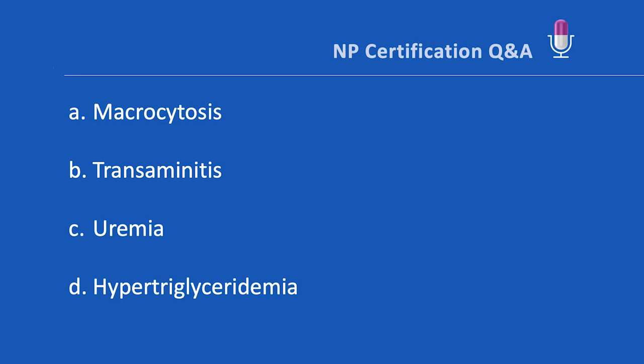Transaminitis, choice B. Transaminitis speaks to elevated liver function enzymes, specifically the ALT and the AST. And the ALT and AST typically are our index of acute liver insult. You know, laboratory reference ranges vary, but generally these are, in the baseline healthy patient, somewhere between 0 and 40.